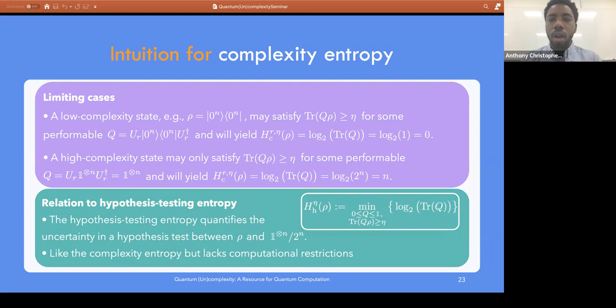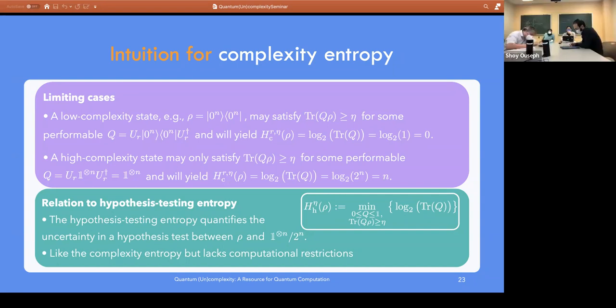And in any case, we can always use the measurement operators of the high complexity case. We can always just project onto none of the states, apply some unitary, and then we will get an entropy of at least n, because n is the maximal.